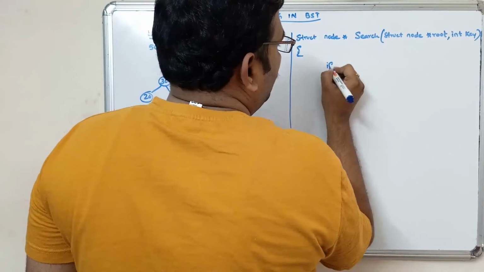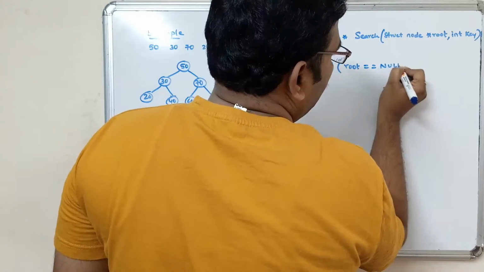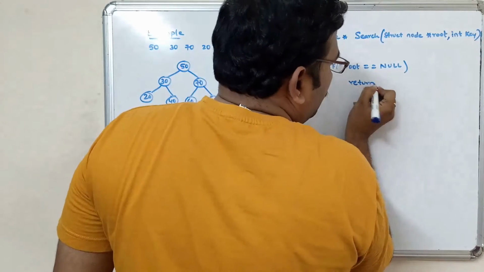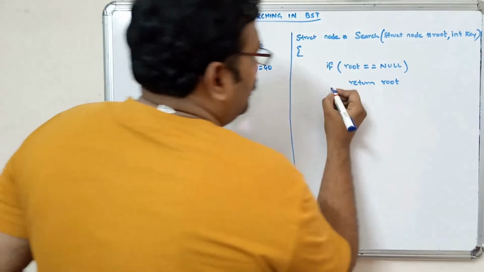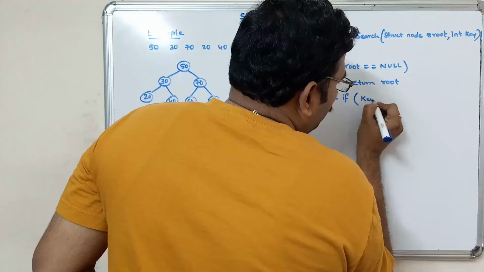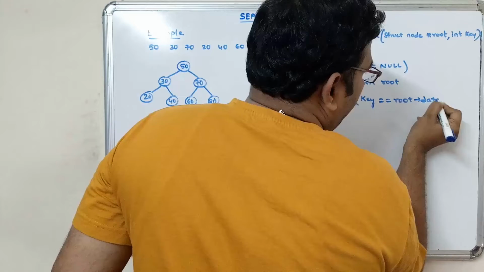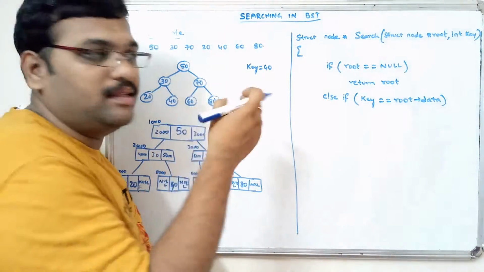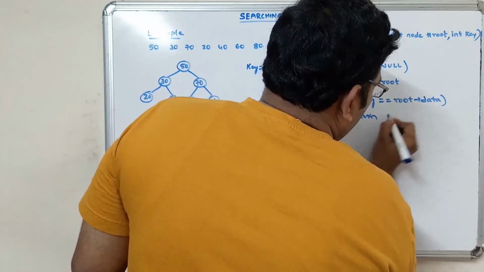Now here we can write the first condition: if root is equal to null, simply we need not go for the process, so just return root. Else if the key value is equal to root of data, that implies the search element, the key element, is found in the search tree. So we can simply return the root.